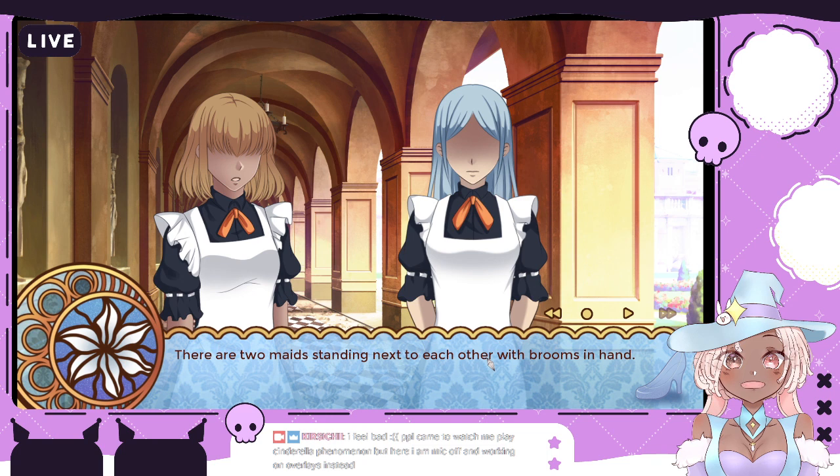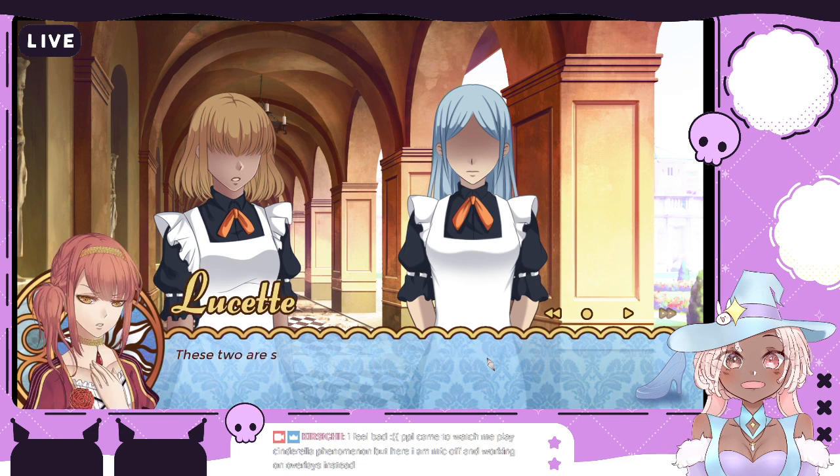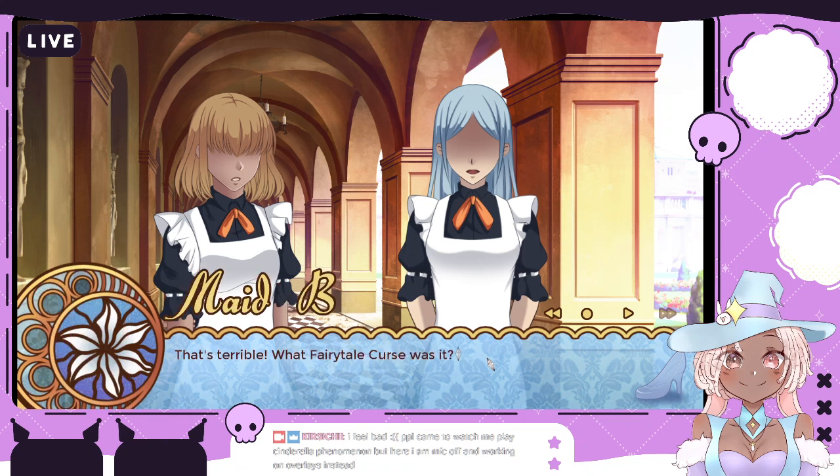There are two maids standing next to each other with brooms in hand. These two are slacking off again. That's terrible. What fairy tale curse was it? They say it was Pinocchio. Pinocchio? The fairy tale with the lying boy whose nose grows longer? That's awful.